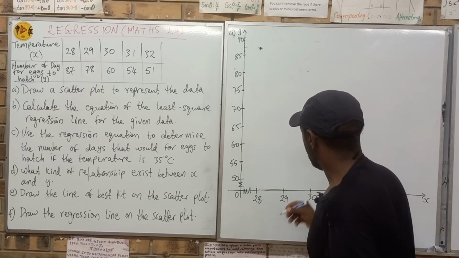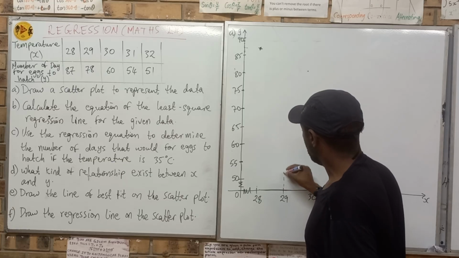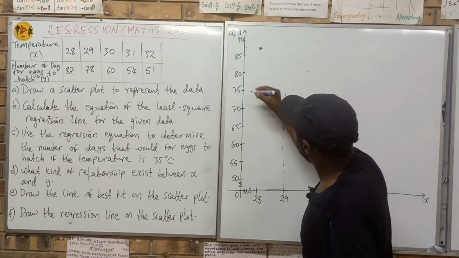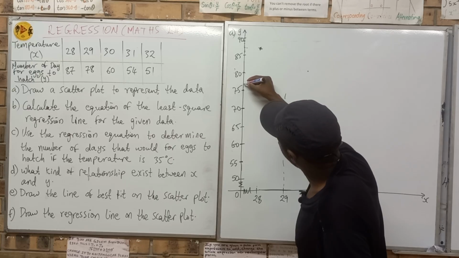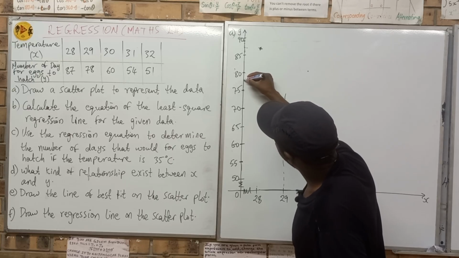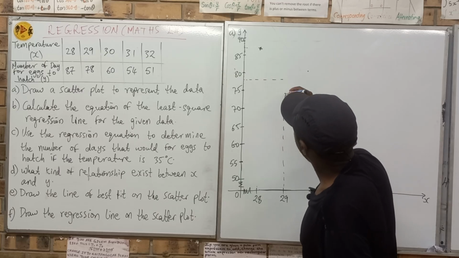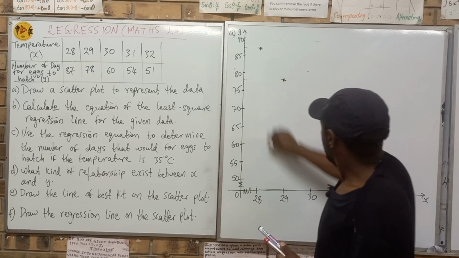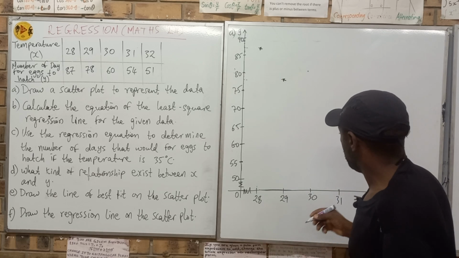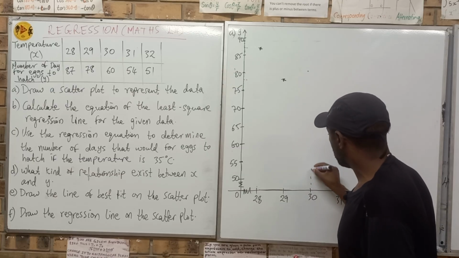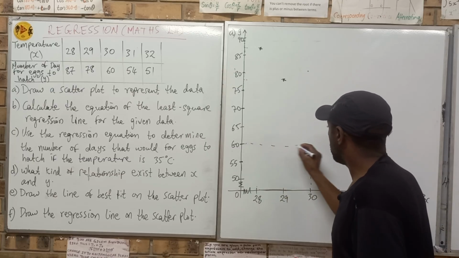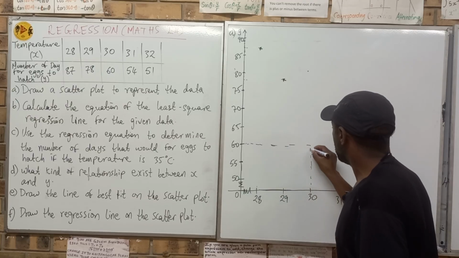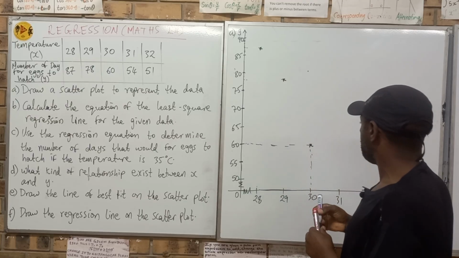Then the next one is 29 and 78. 29 is there, 78, this is 75, 76, 77, 78, 79. So my 78 can be somewhere there. So I get my 78, then 30 meets with 60. I guess that one is easy to trace on my scatter plot. 30 and 60, they meet there.